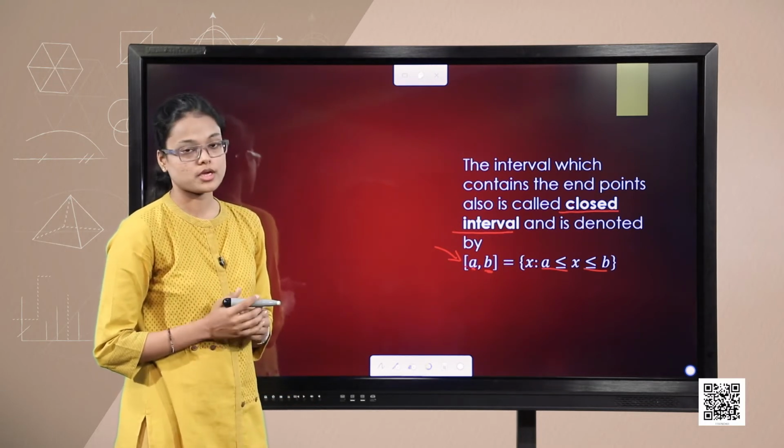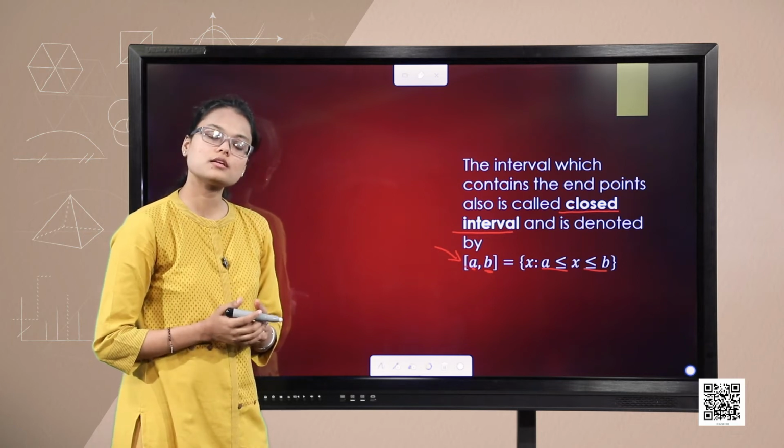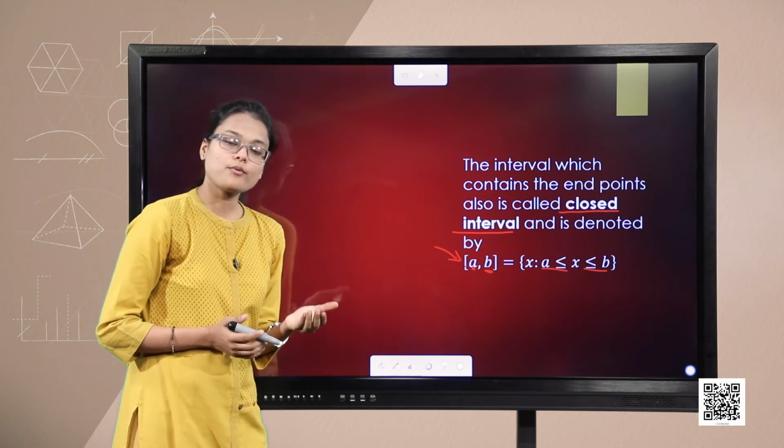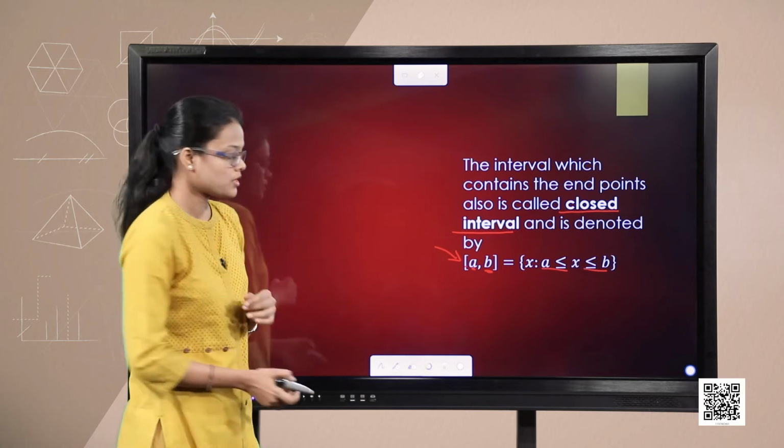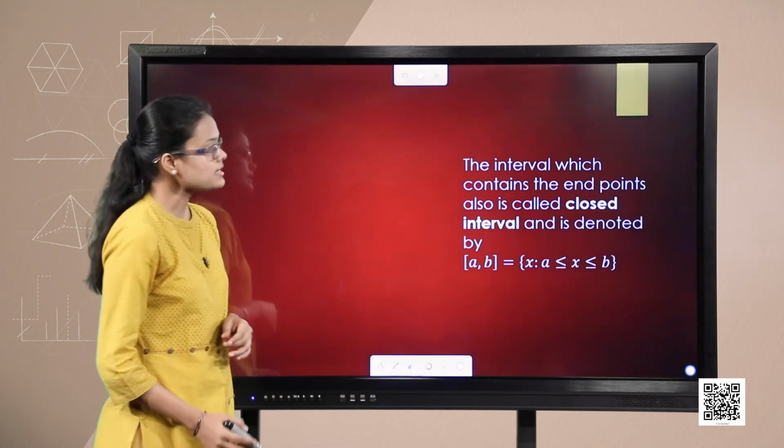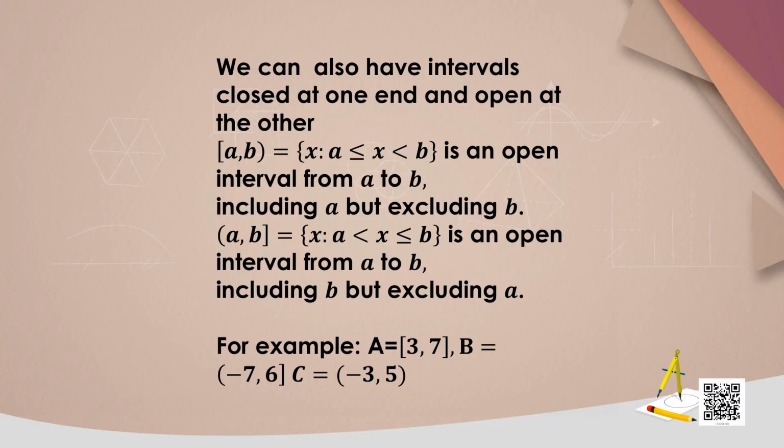Okay? So, again a question arises: can there be an interval in which one point is included and the other is not included? Yes. So, here is the next. We can also have intervals closed at one end and open at the other.